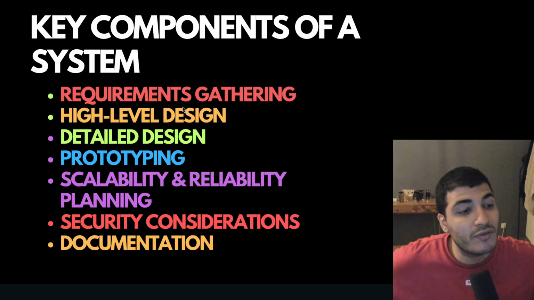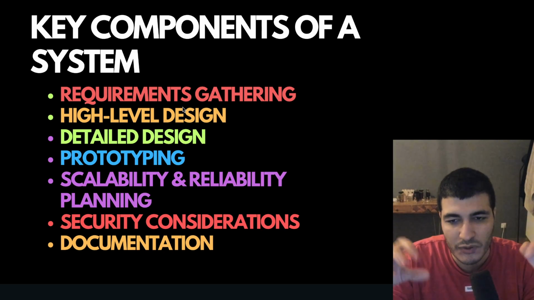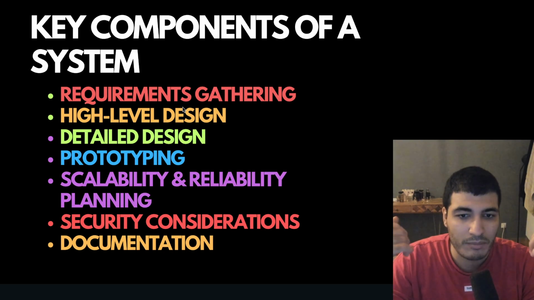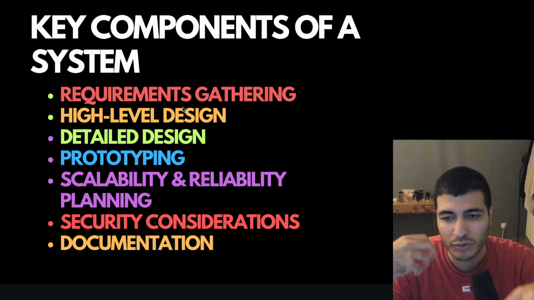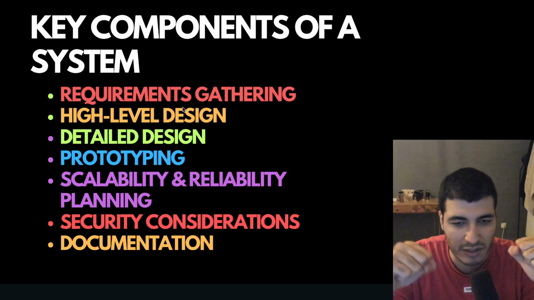Number two, we have the high-level design, which maps out the system's components and data flow, and we just go at a high level. Number three, we have detailed design or deep dive. In this one, we define APIs, protocols, and technologies. Maybe you go into some database design, things like that.